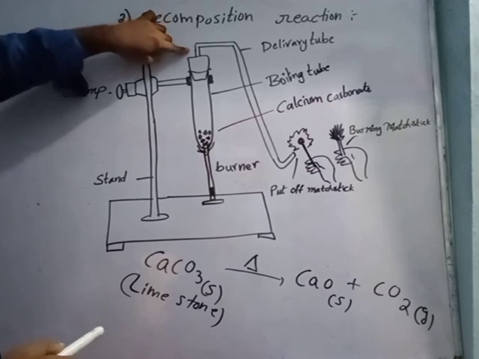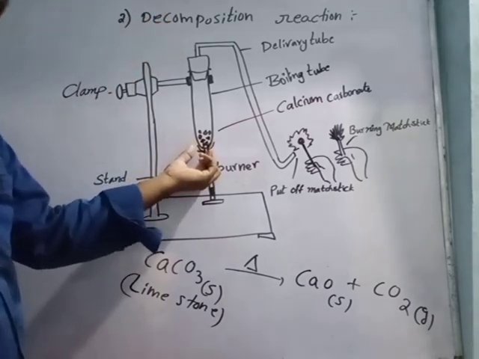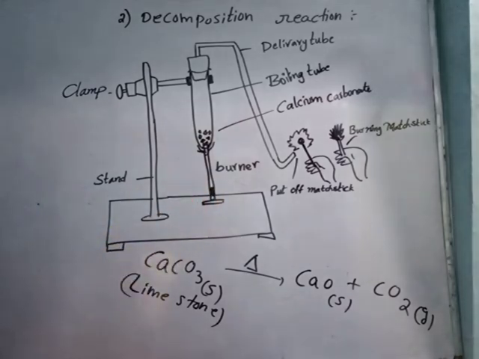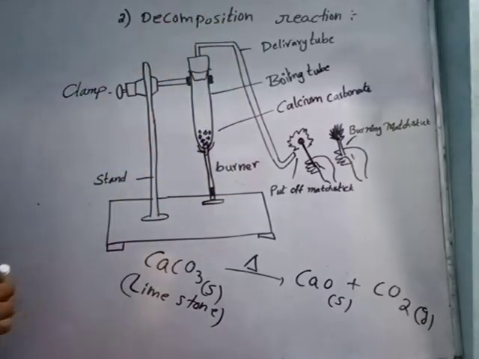Now the calcium carbonate is heated by burner or spirit lamp. After some time one gas is evolved in the test tube. That is carbon dioxide gas.